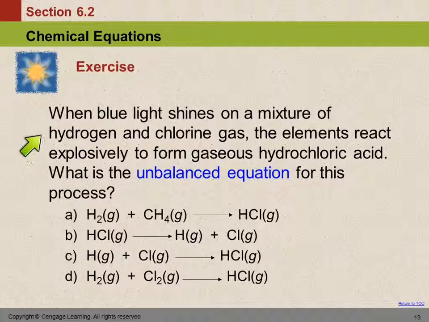So we look at the sentence: we've got a mixture of hydrogen and chlorine gas, and those elements react explosively to form, so that's the arrow. So we've got hydrogen plus chlorine react to form, there's the arrow. Actually, I'm going to write that on there.